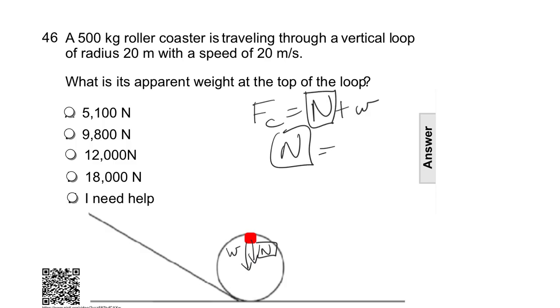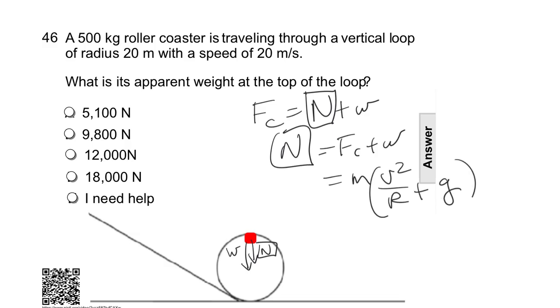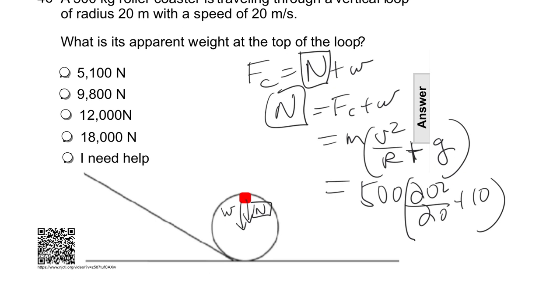Normal force equals Fc plus weight. So that's m times v squared over r plus mg. Take out the m's. So we got 500 times 20 squared over 20 plus 10.